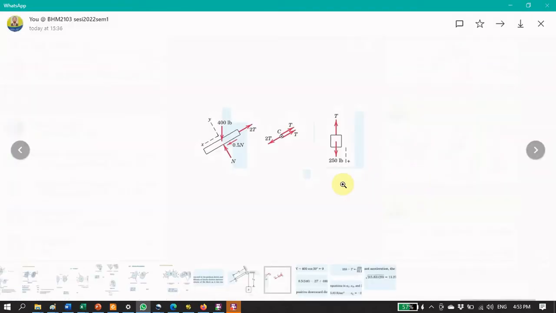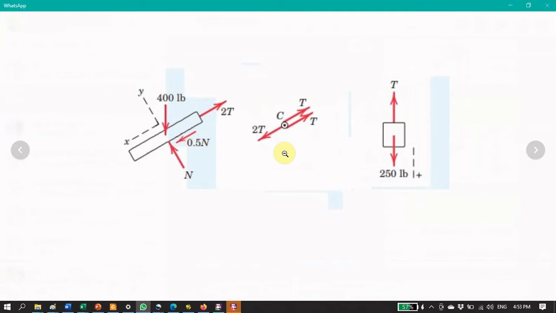The next step should be to identify the coordinate system. What the author does is identify the coordinate system for the log as well as for the pulley. They are using the Cartesian coordinate system, and the orientation is not the conventional one because it's not horizontal but parallel to the chute, and the positive value is toward the down of the ramp.